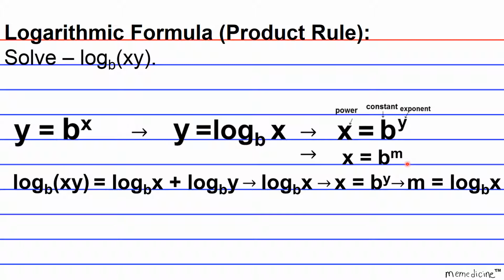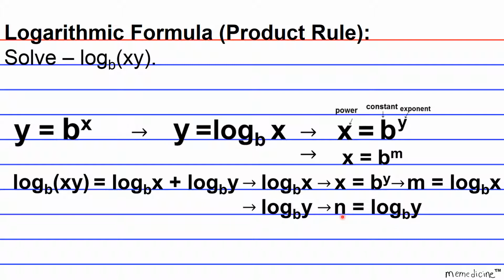All right, so what we're doing now is an algebraic manipulation in order to prove that the log base b of x times y is equivalent to the log base b of x plus the log base b of y, okay? And likewise, the log base b of y can be re-expressed as n is equivalent to the log base b of y.